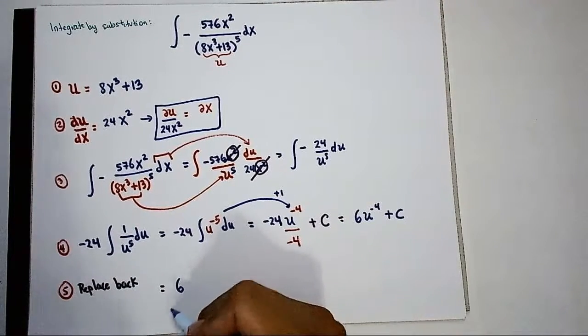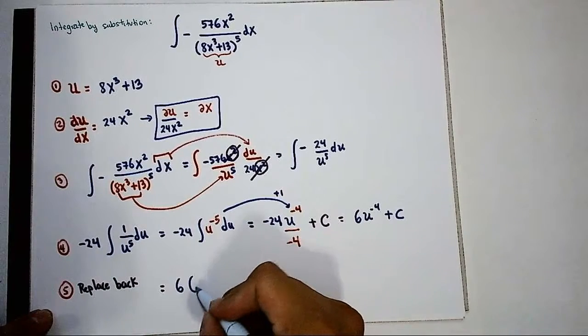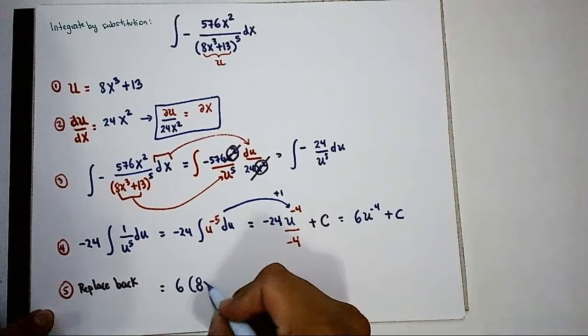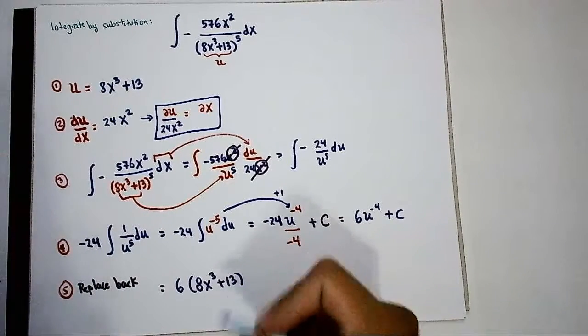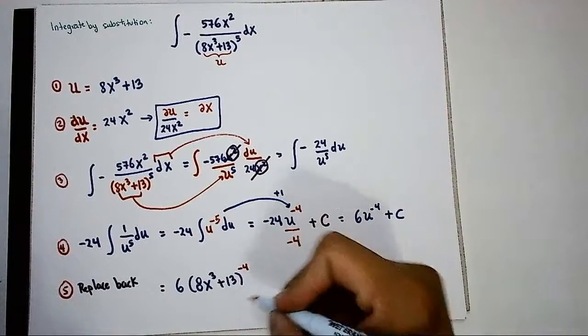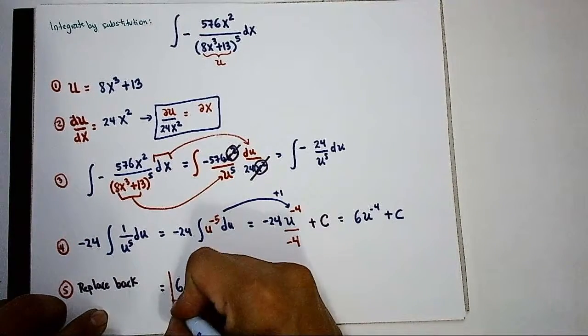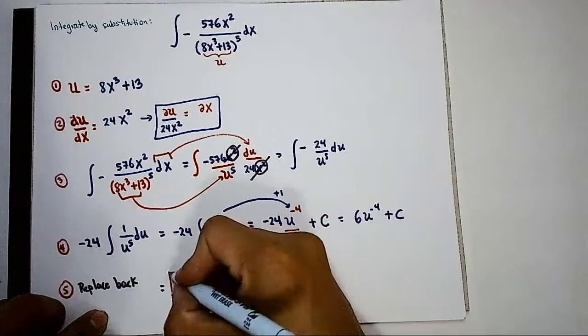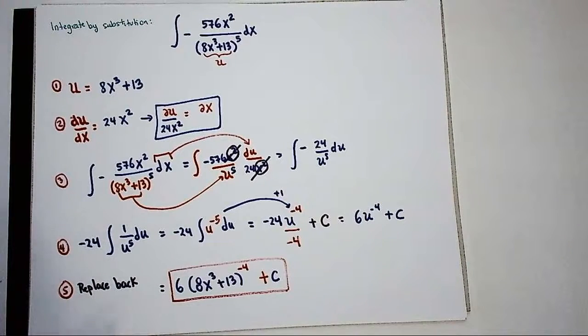So this will be 6 times u, which was 8x to the third plus 13, everything to the negative 4 plus the constant. And this will be the solution using integration by substitution.